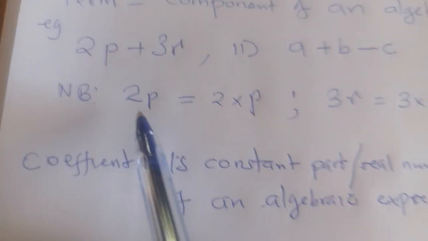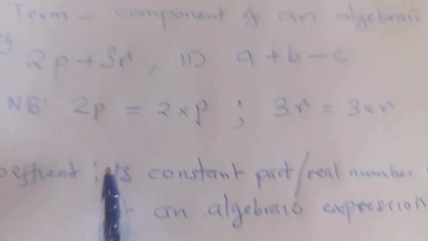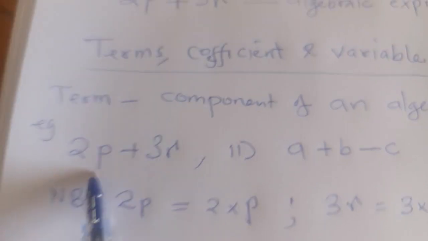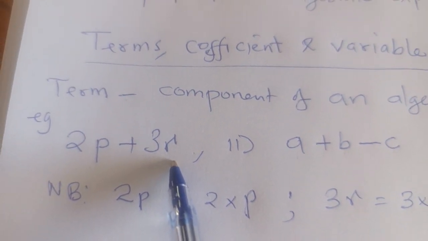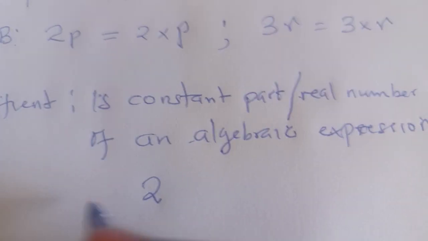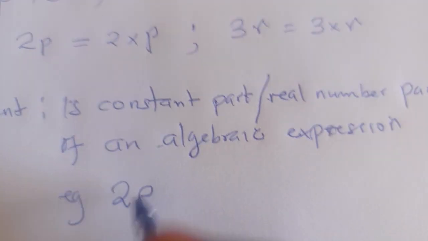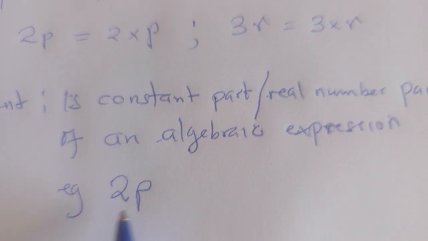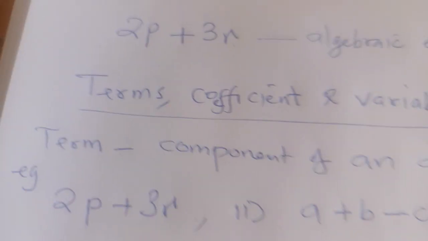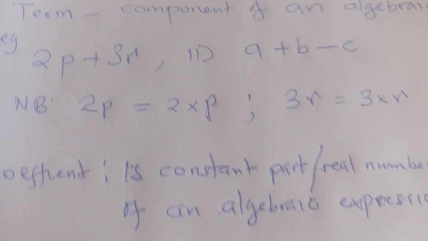So for example, in this algebraic expression 2p plus 3r, if we consider 2p, we can consider it as being a term in an algebraic expression.